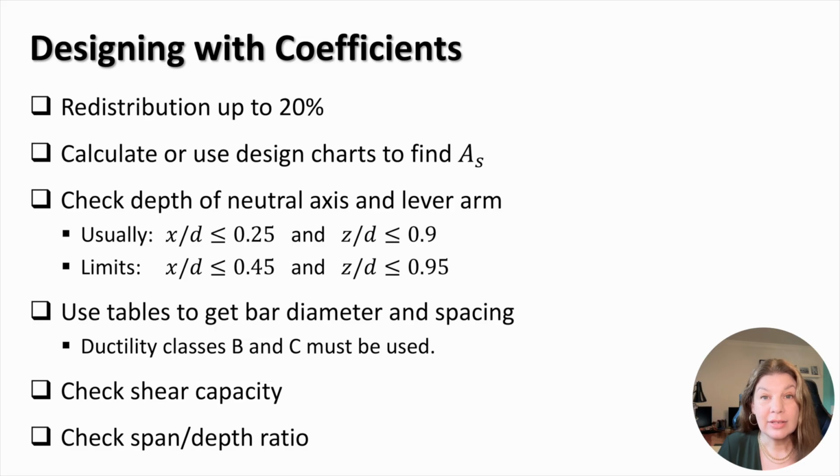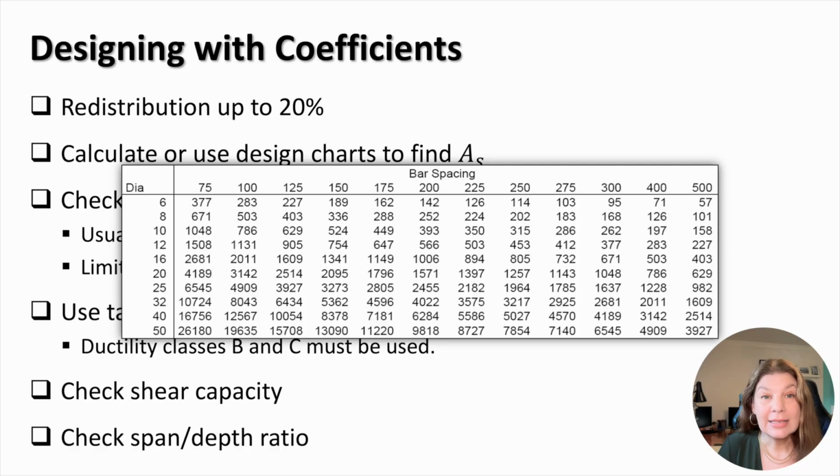In the next design stage, the required area of tension reinforcement is evaluated using formulas or design charts. The reinforcement arrangement is designed for 1 meter wide strip of the slab, where the bar diameter and the spacing of bars are selected. This table gives the provided reinforcement area in 1 meter wide strips, depending on the bar diameter and spacing. Only reinforcing bars with the ductility classes B and C must be used in the design.